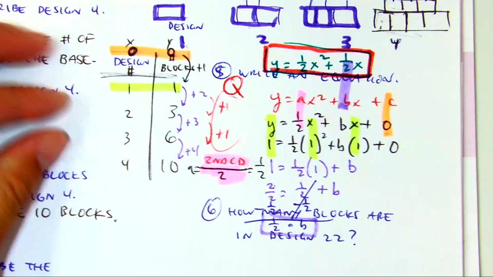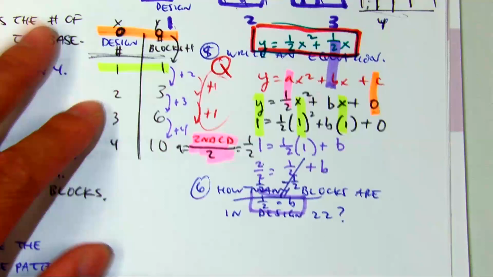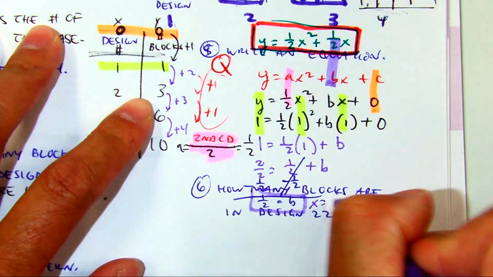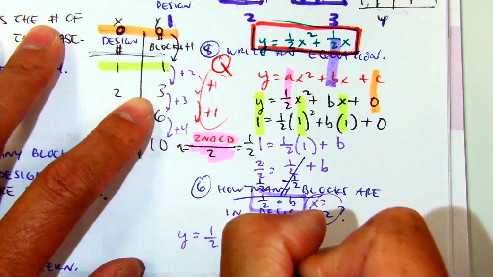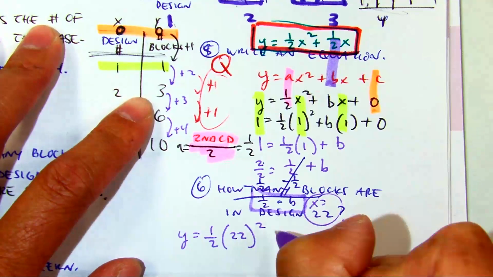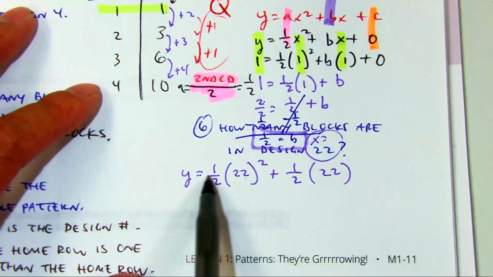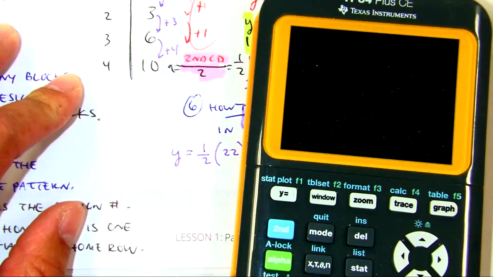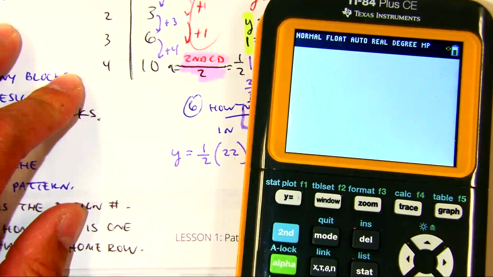Then it asks the question, how many blocks are there in design number 22? Well, I can actually use my equation, and basically every x value is going to be 22. Class, should I multiply by 1/2 or do the exponent? Exponent, so I'm going to do 22 times 22, or 22 squared, 484.